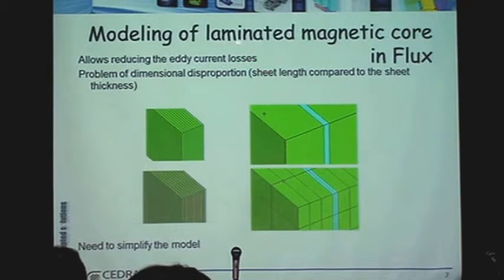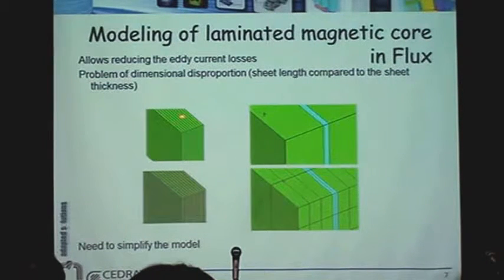I brought this here, something we can do. This comes a little in the middle, but I guess we talked about it this morning, so I will not go very far. The point here is that it's laminated. So if we were going to do every lamination, it would not be possible to mesh and do anything. But we can still take into account the fact that it's laminated. See here, this is laminated with an air gap.